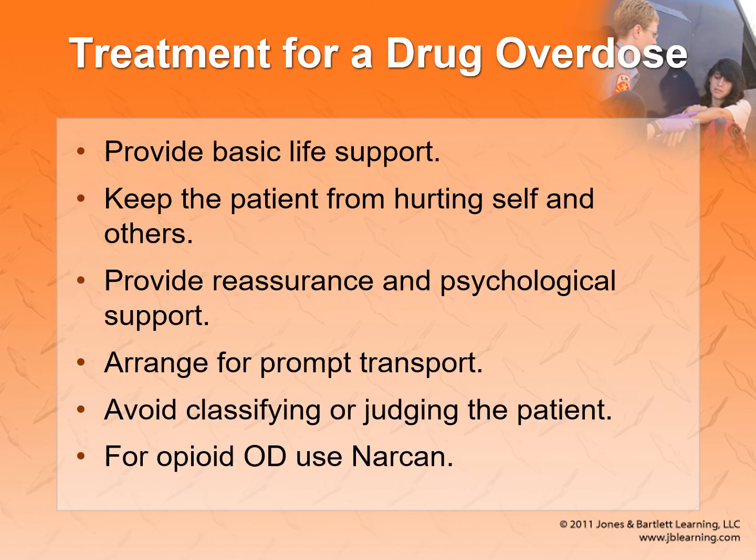So for all drug overdoses in general, provide basic life support, ABCs. Keep the patient from hurting themselves and other people. Do reassure them. That's one of the only things we can really do in this situation. Try not to judge the patient. I know it's easy to judge them, but some people are hopelessly addicted to opiates, and it's not because they said, I want to do heroin today. It's because they got addicted to opiates from an elbow injury 2 months ago.